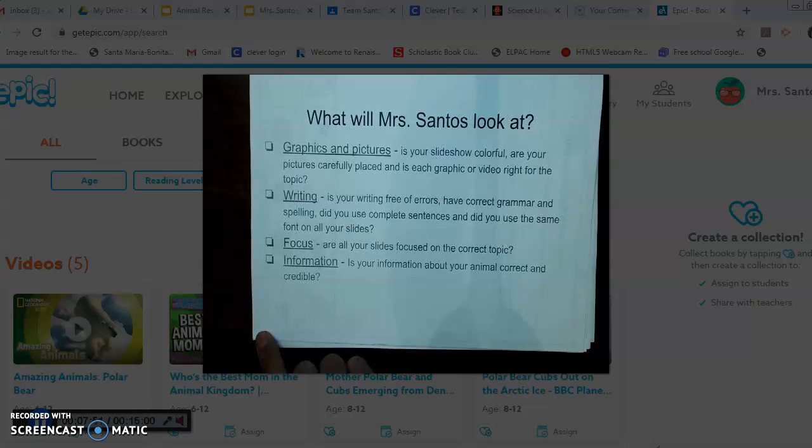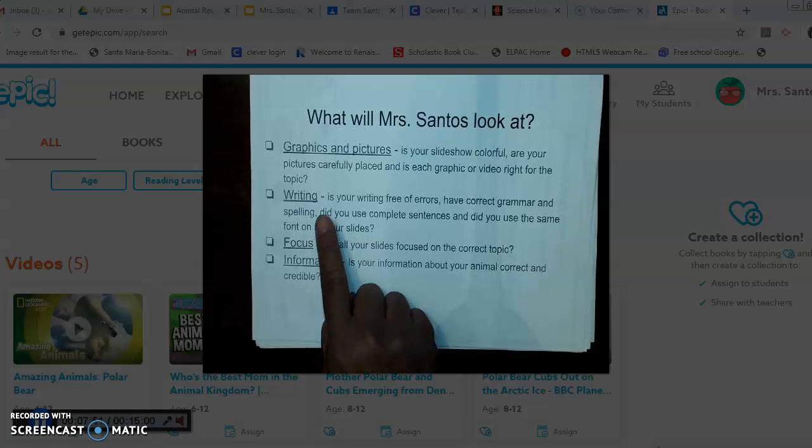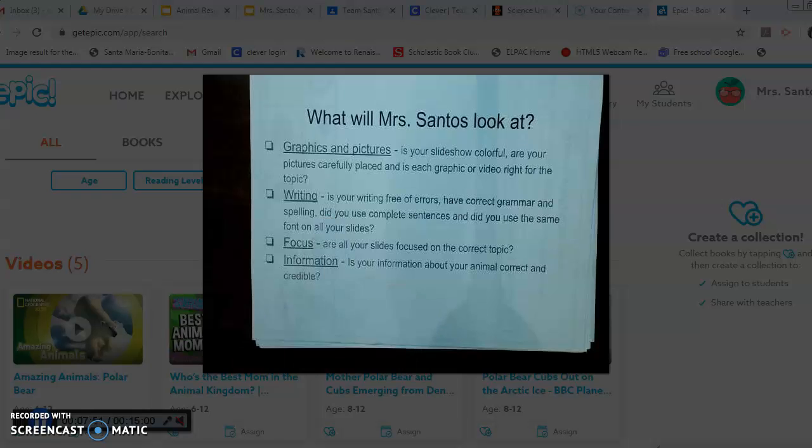And also, boys and girls, as you're researching and gathering information, are you changing those words that you're writing into your own words? Or did you copy it from your source? We will talk a little bit more about copying from your source right now, okay?